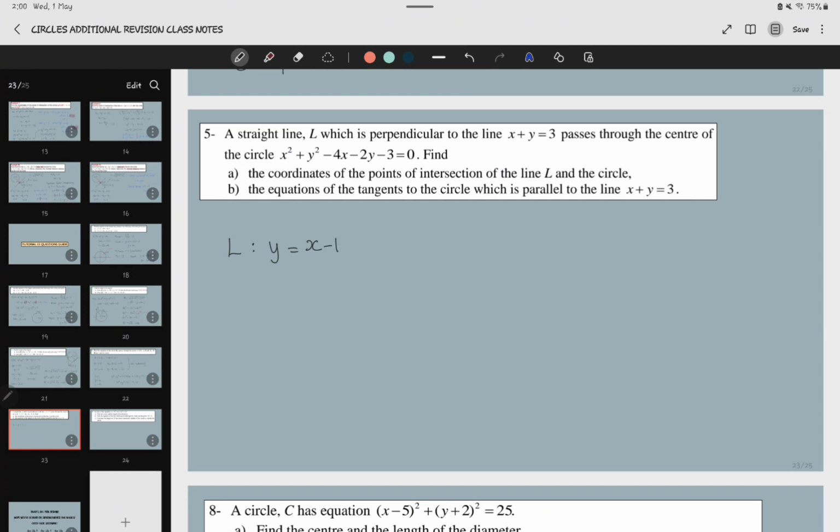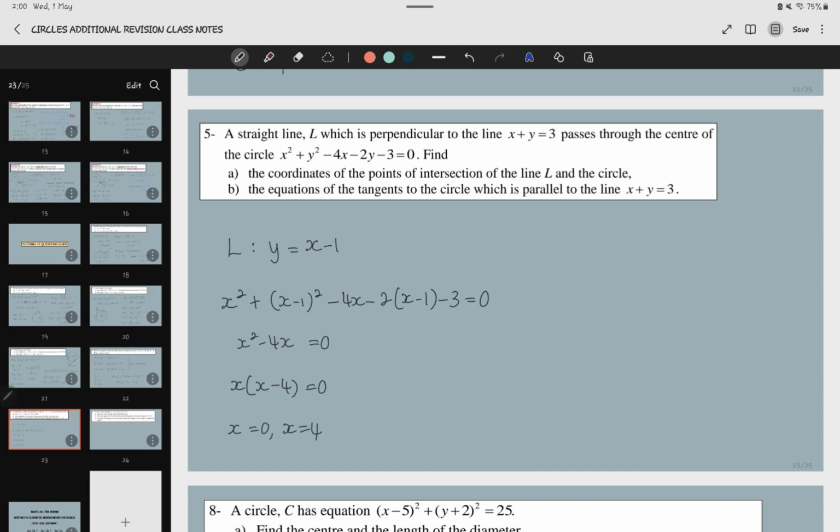Having this equation, you substitute it into your circle equation. Then you expand it, and after simplifying you will get x squared minus 4x. Factorize, so you get 2 points, x equals 0 and x equals 4.